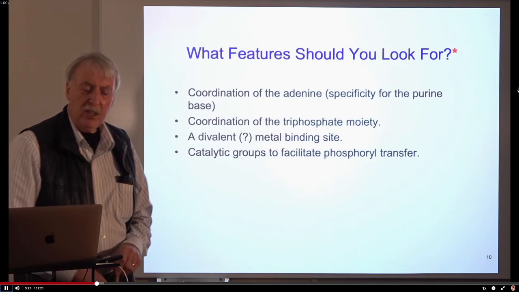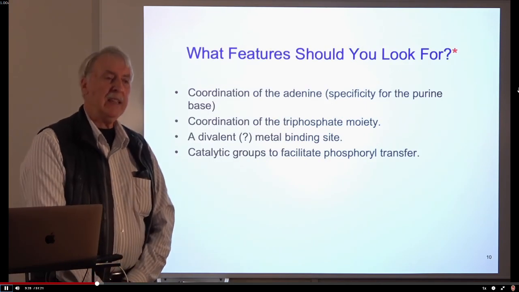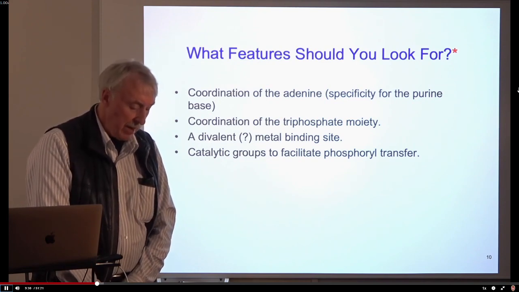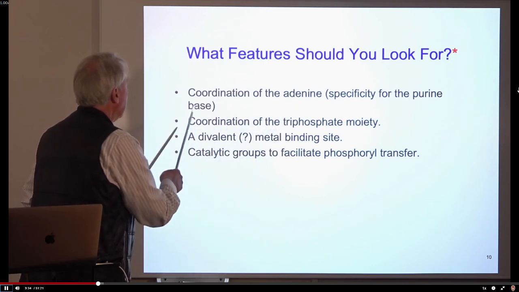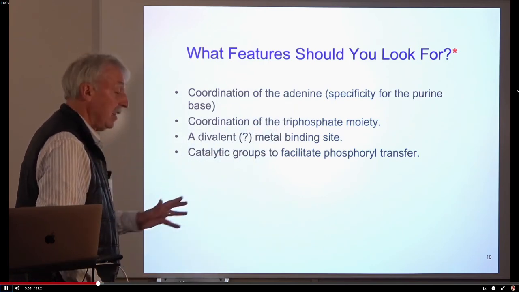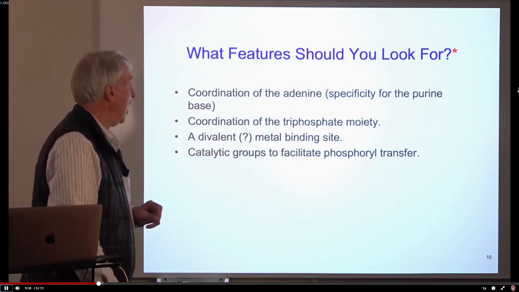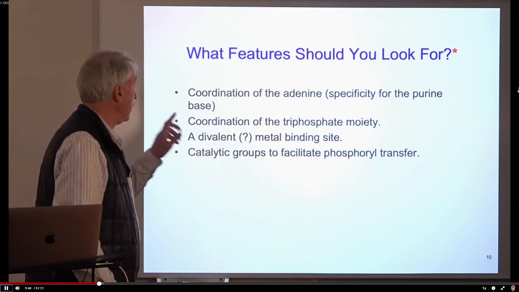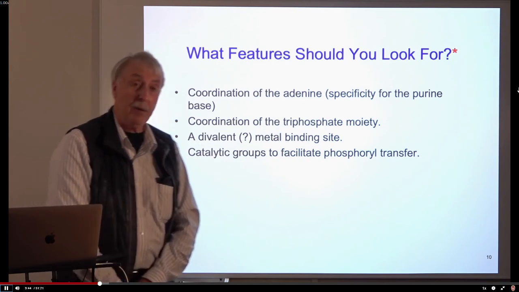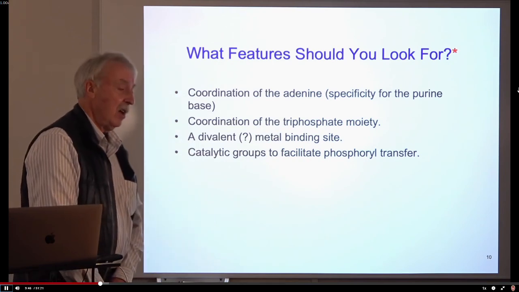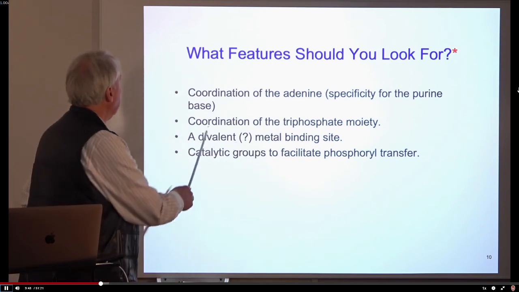So what features should we look for in an ATP dependent enzyme? Well, coordination of the base. You want it to be specific for adenine, not guanine or any other base, because the last thing you'd want to do is utilize one of the less common nucleotides in a metabolic reaction.